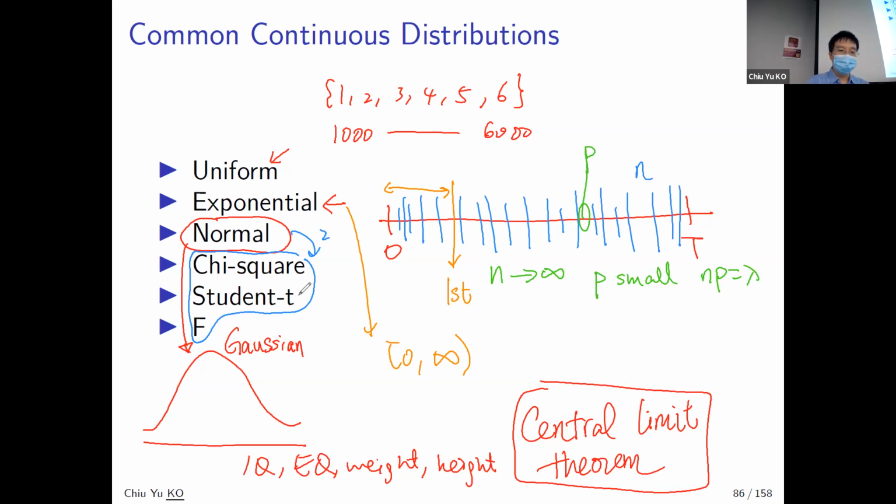And the student t is actually normal over the square root of a chi-square, and chi-square is just normal squared. And F, later you will see, is just a chi-square over another chi-square. I may lose you here. We will define them more formally, but that's why normal is so useful.